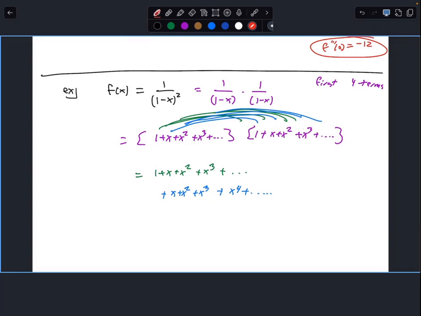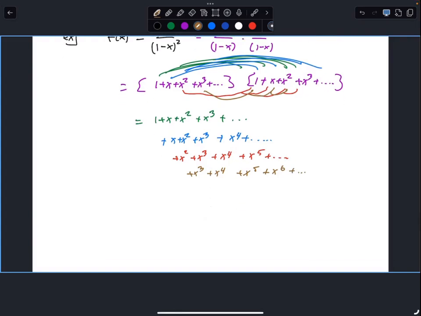Then I'll multiply the x squared to all the terms. That's going to give me plus x squared plus x cubed plus x to the 4th plus x to the 5th plus dot, dot, dot. Then I'll expand with the x cubed, which is going to give me plus x cubed plus x to the 4th plus x to the 5th plus x to the 6th plus dot, dot, dot. And you can kind of see the pattern here. And now I can just add them all together.